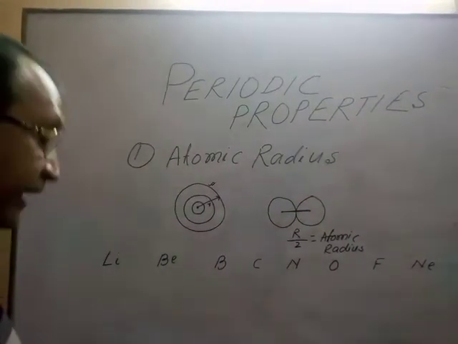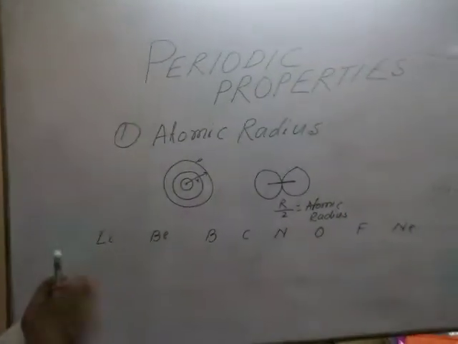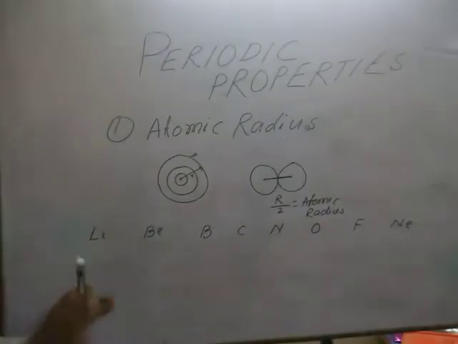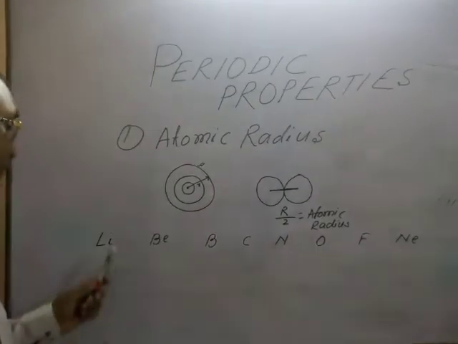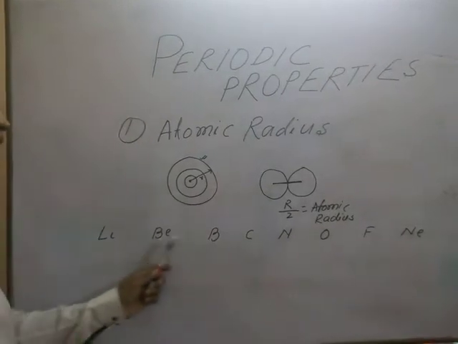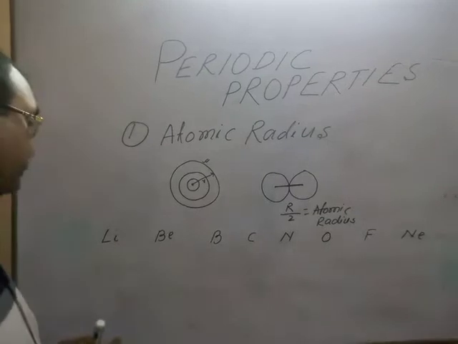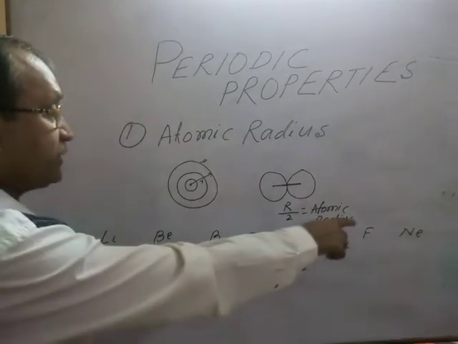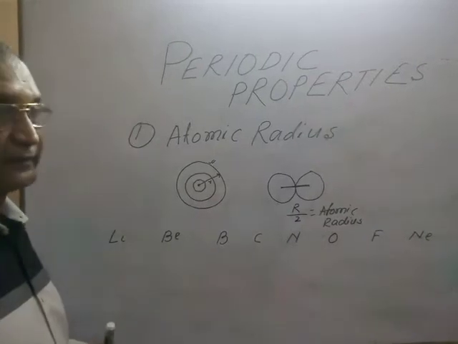This is our second period. What is a period? A period represents the number of shells present. In lithium, beryllium, boron, carbon, nitrogen, oxygen, fluorine, neon, in all these there are two shells.